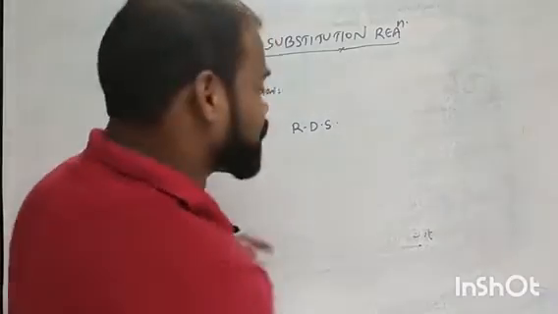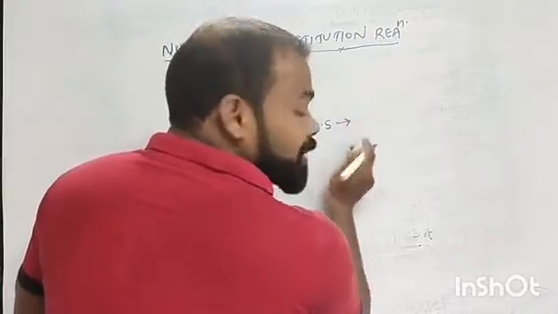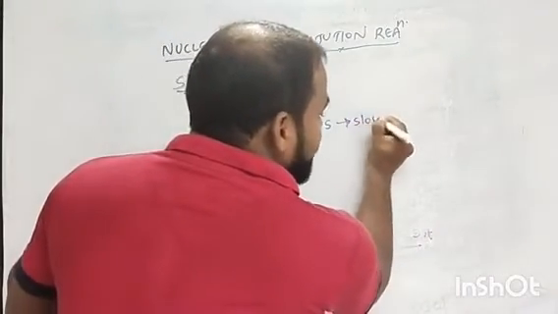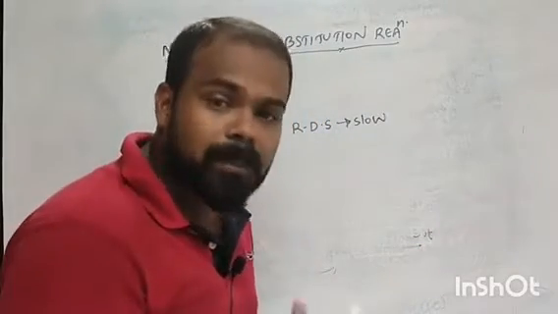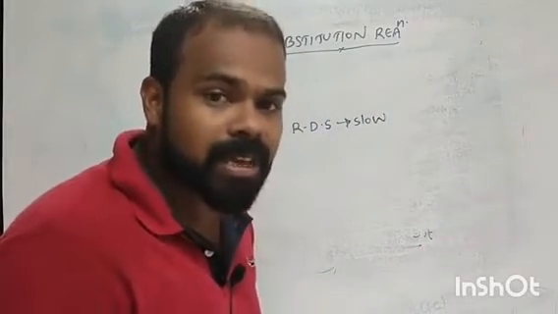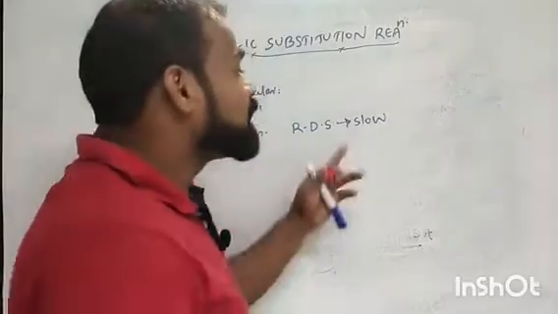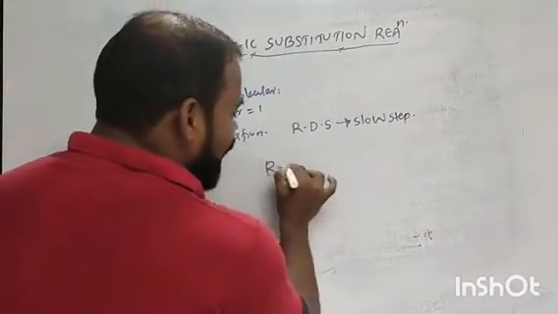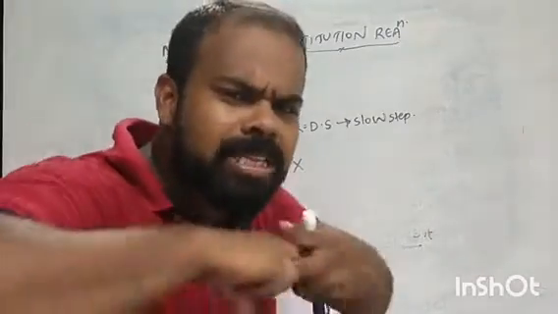You may have read in your thermodynamics that the rate determining step is the one that gives the rate of a reaction. The proper idea about the rate of a reaction is given by the slow step. Here we know R and X are thoroughly joined.